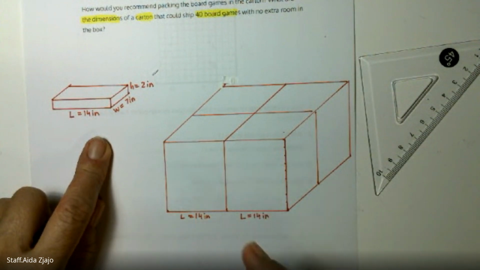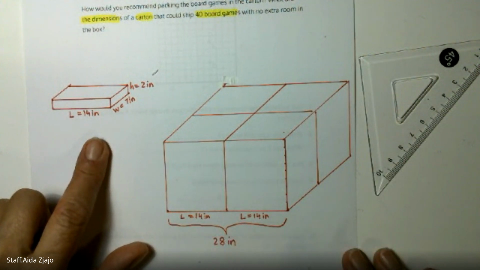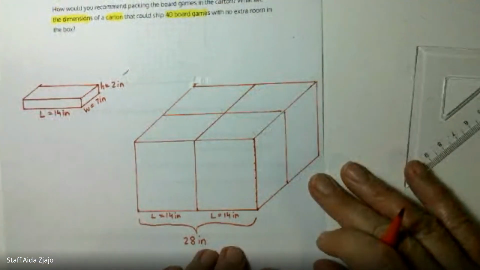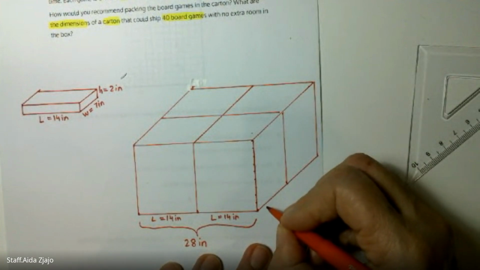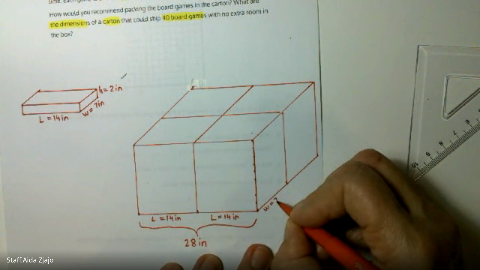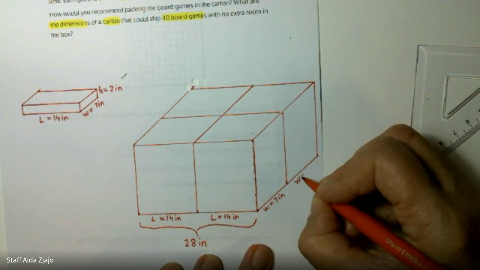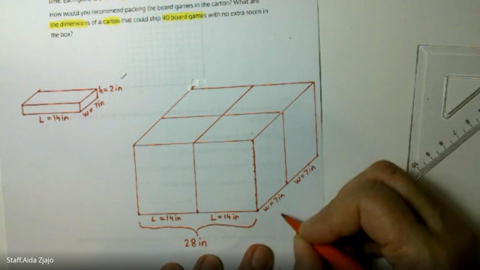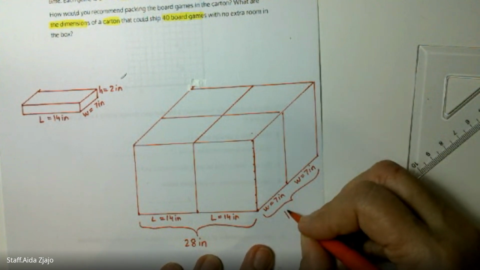So the real length of the box is going to be 28 inches. Okay, so if I look at this width, I will need here 7 inches, and again one more W that is 7 inches. So the width is really going to be 14 inches.